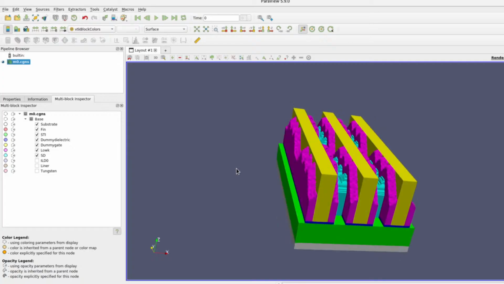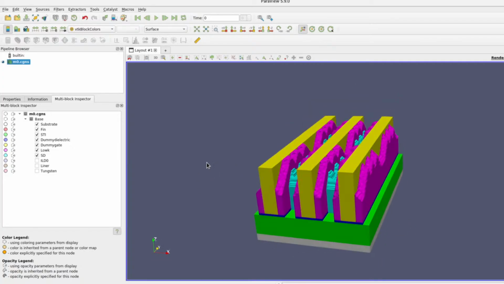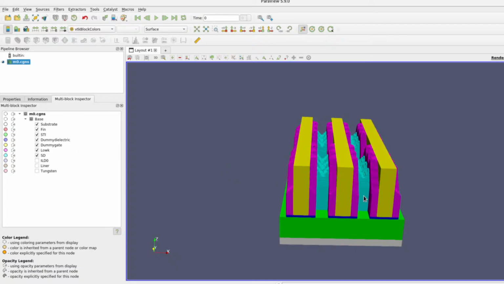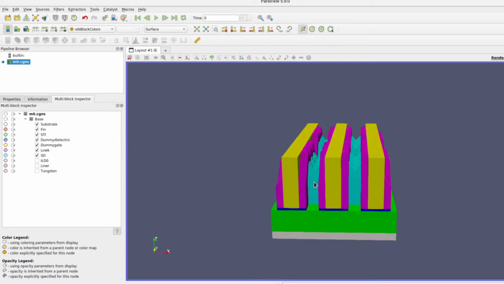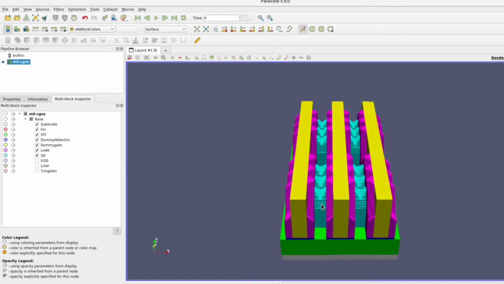Okay, so this is the case of our previous simulation. Now we have made a certain CMP procedure, and after that, here we have source drain epi for N MOSFET and P MOSFET. I have to say one caution: although in this emulation both the NMOS part and PMOS part were generated at once, in reality, it's not.